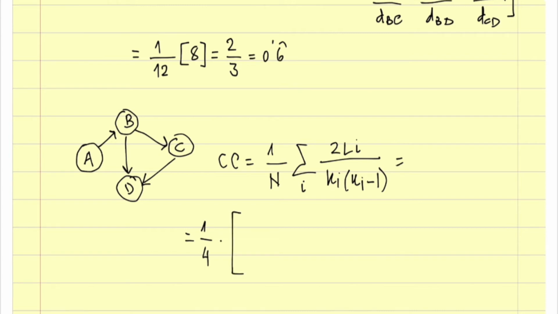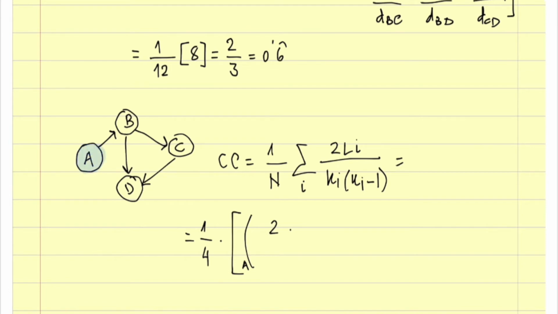So first for node A, 2 times L sub i are the connections between the neighbors of node A. Who are the neighbors of node A?